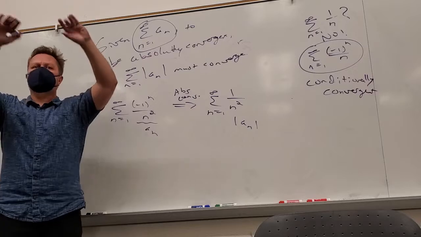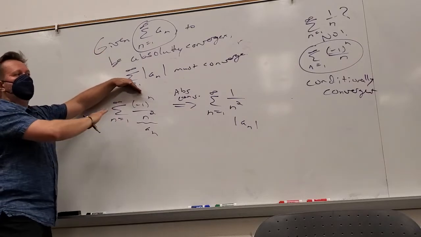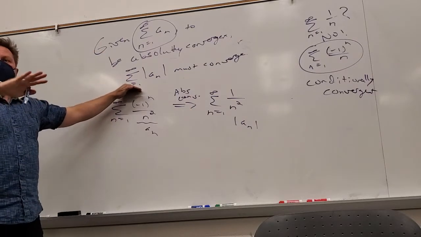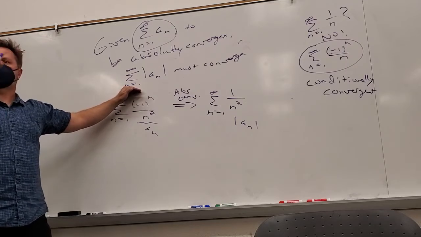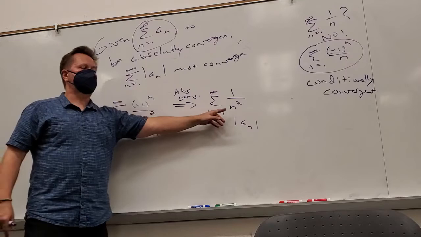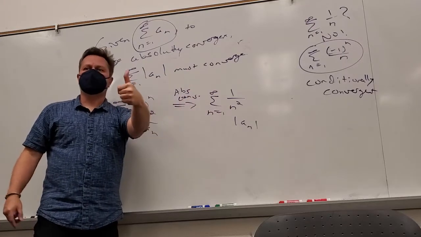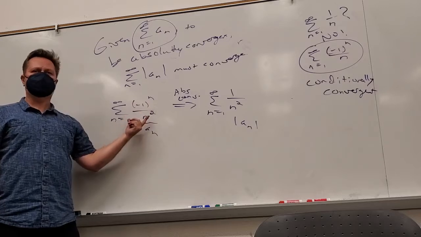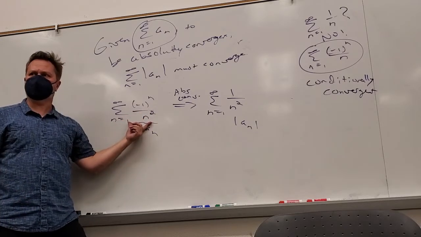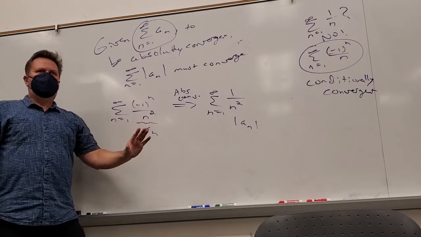If the problem said, given these series, is it absolutely convergent or conditionally convergent, you with me? That's what the problem's gonna say. If I can show it's absolutely convergent, I'm done, because it automatically converges if I left it alone. I don't have to do the alternating series test.